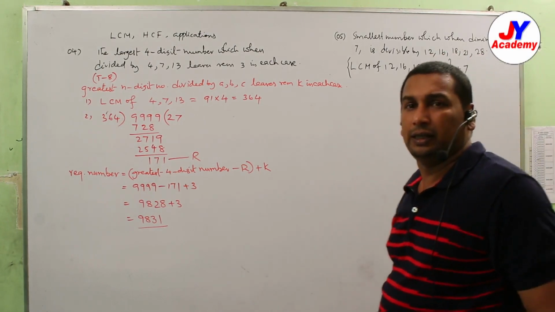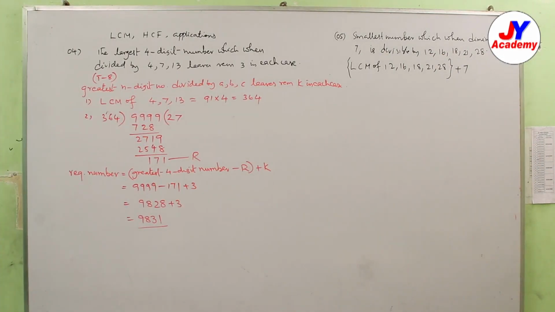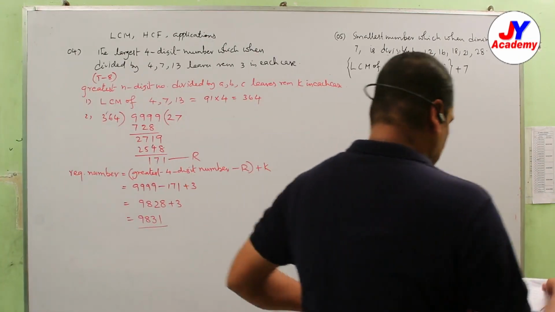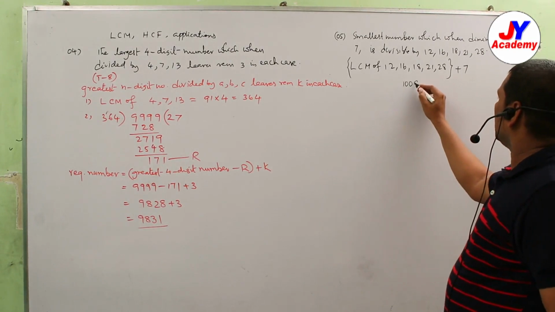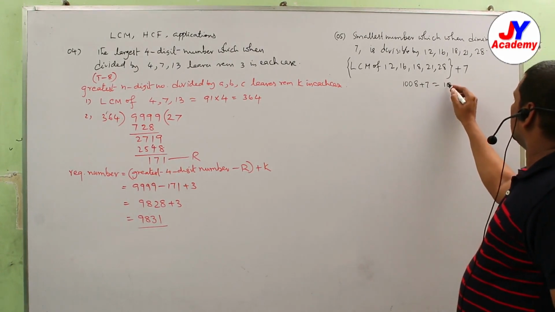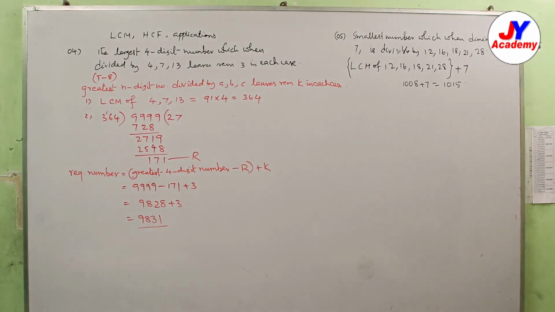So we can find it by taking the LCM. So what is the LCM? 1008 is the LCM, plus 7, 1015. That's the required answer.